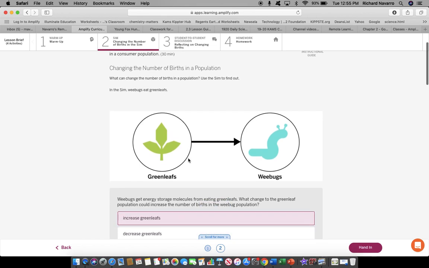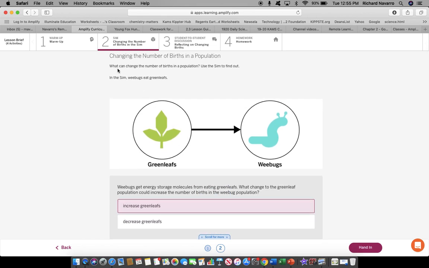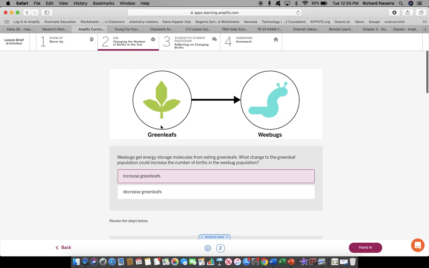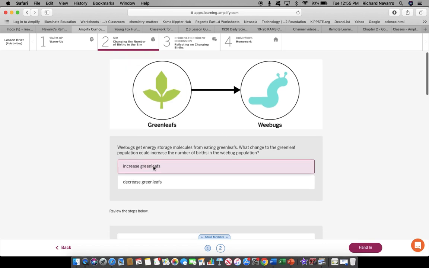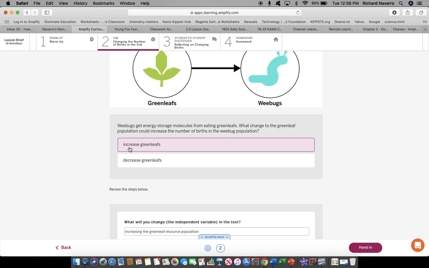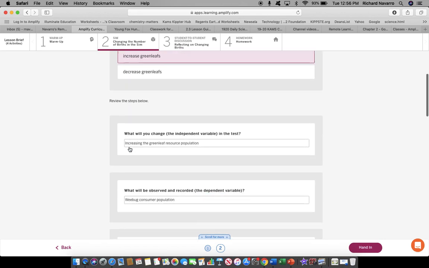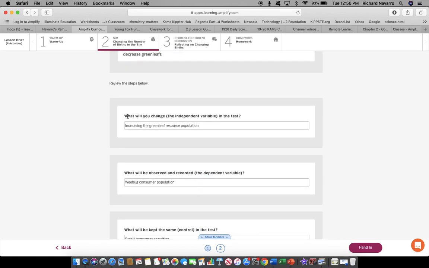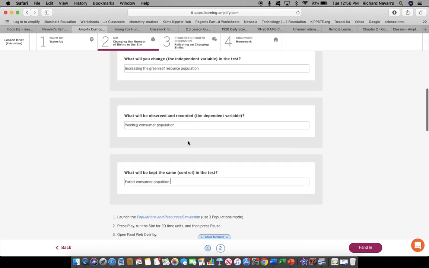Now, we obviously know that we can increase the food supply of the wee bug, which will actually increase the amount of energy that wee bugs have to move around, to reproduce, and hopefully increase their population. So what we're going to do today is increase the green leaf population. So what we're going to change is the green leaf resource population. That will be the independent variable that we are testing.